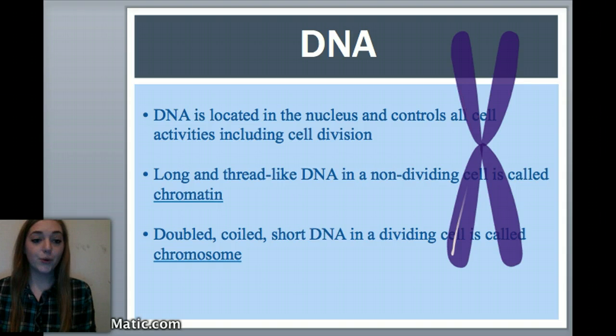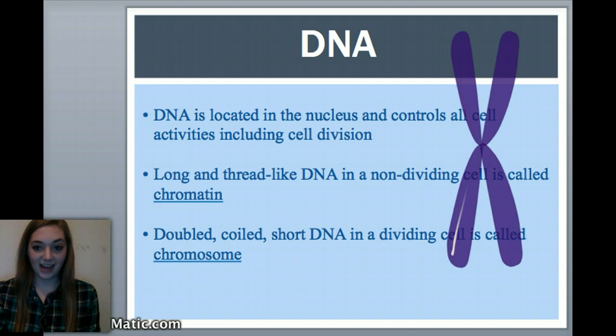And the double coiled short DNA in a dividing cell is called a chromosome, which is on the side. As you can see, the chromosome is the X-shaped DNA that we are very, very familiar with, and it is connected in the middle by a centromere, and each individual little side is a chromatid.